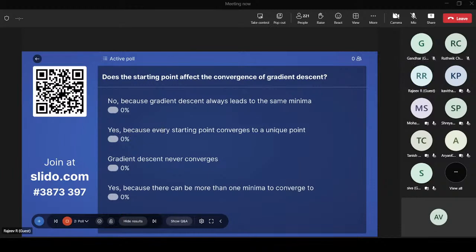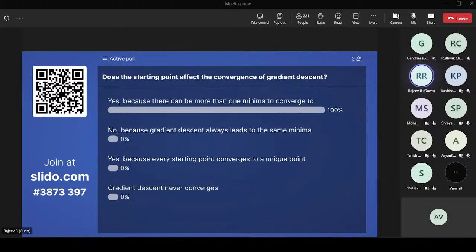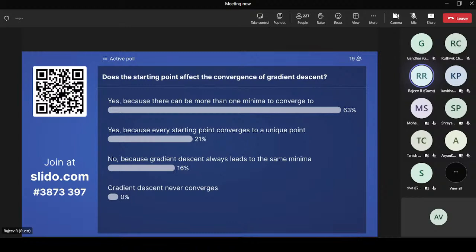I hope you are going to answer this question. The question says: does the starting point of where we place our variable affect the convergence of gradient descent? This is a good question to help you understand why we use other optimizers, because other optimizers were invented because of the answer to this question. So I hope you will answer this. I'll wait for 1 more minute.